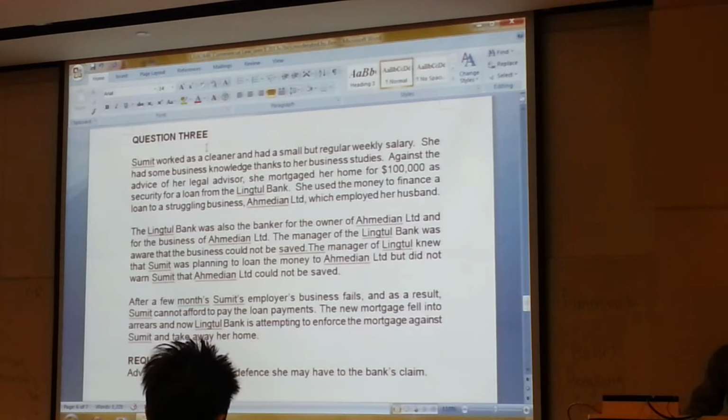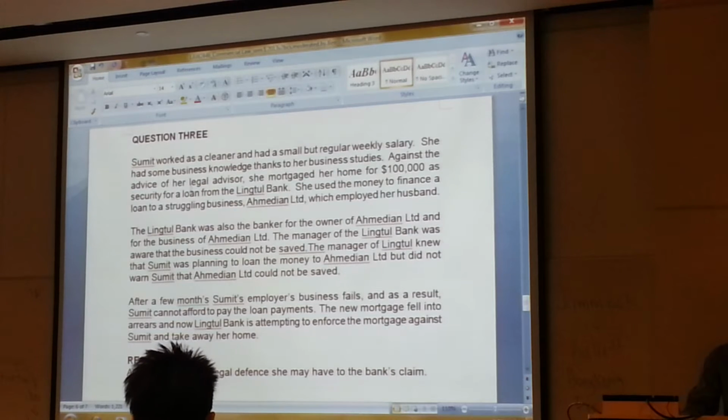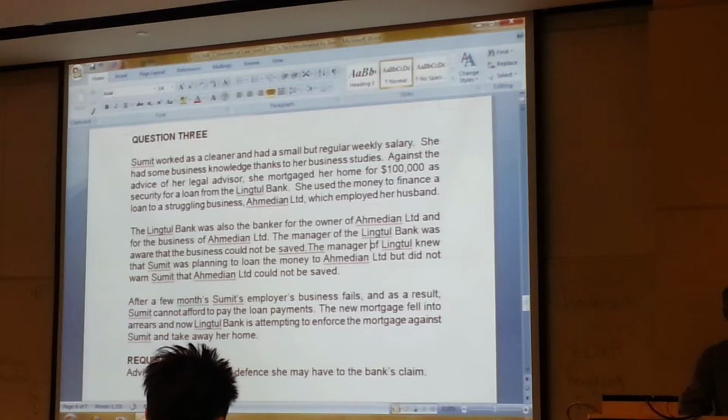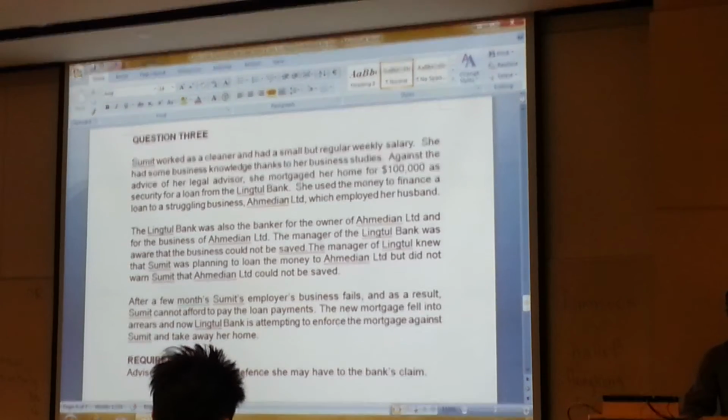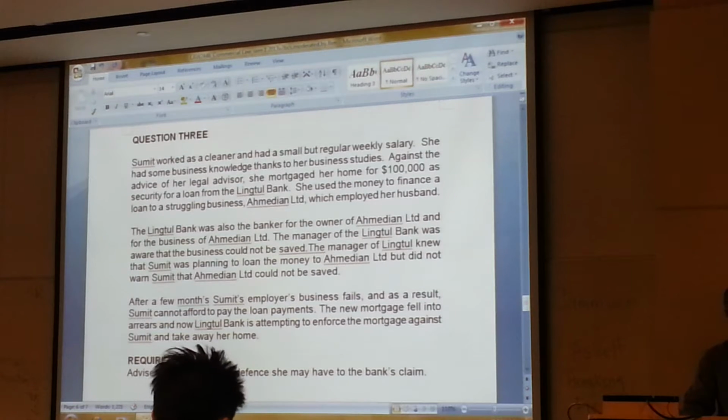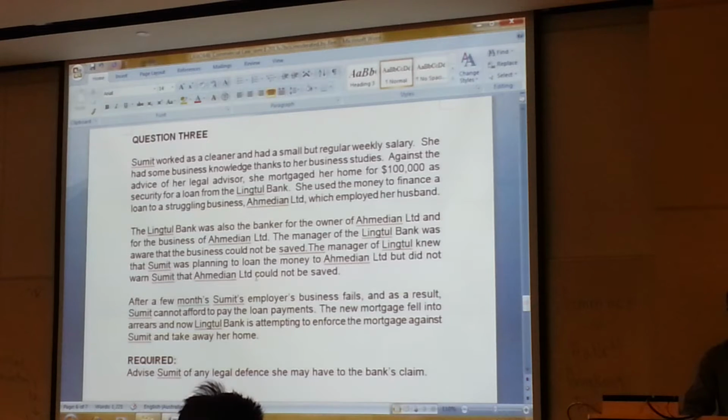So look at the parties in class. Sumit, and then she is financing her husband's business. Alright, Sumit's the wife. She's using the money to finance a loan to her husband's struggling business, right, which employed her husband. So class, the bank in a way has a conflict of interest because they're also the banker for the owner of the business. The manager of the bank was aware the business could not be saved. Right? He knew that she was planning to loan but did not tell her anything about it. After a few months, the business fails.